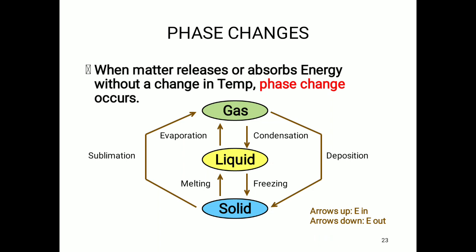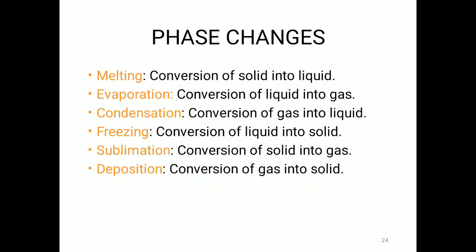Okay, so if the arrow is upward, it means energy in, and if the arrow is downward, it means energy out. Now we have discussed melting. Melting is the conversion of solid into liquid.